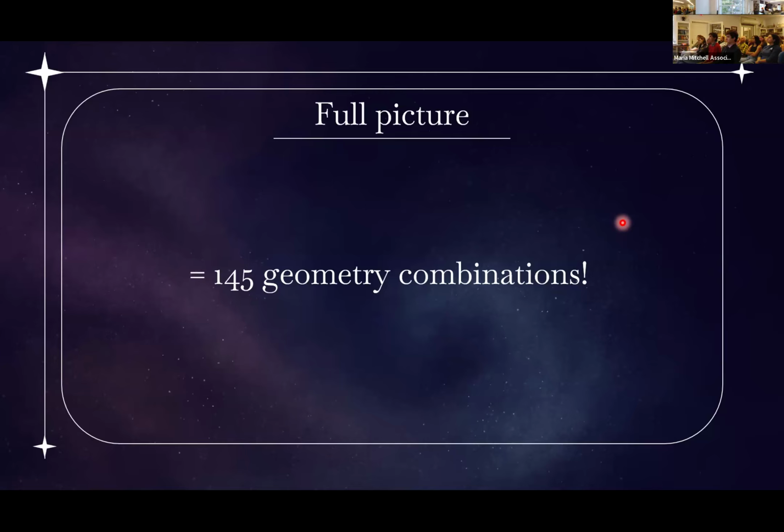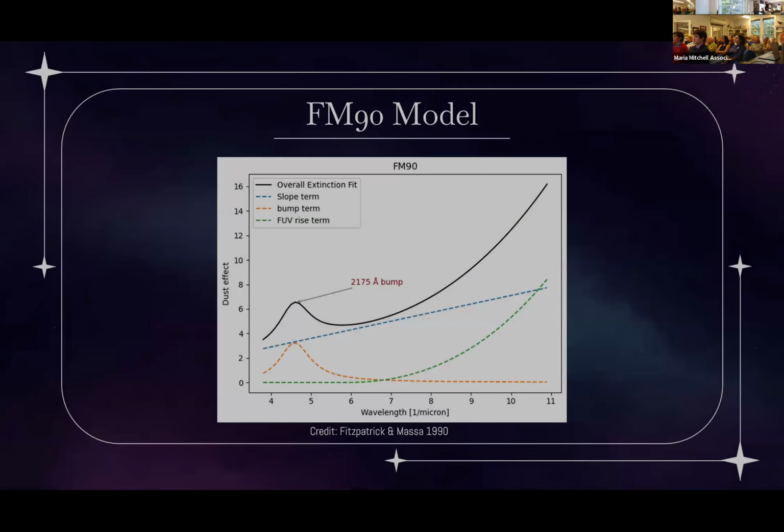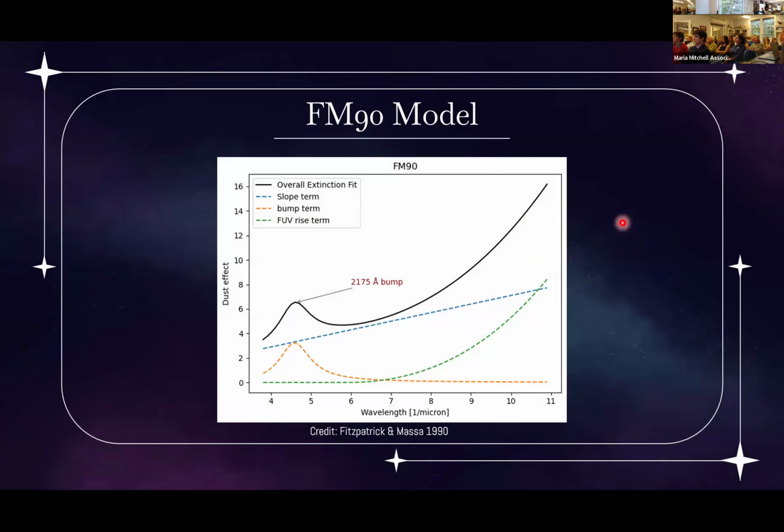To probe the role of geometry in attenuation, we need to find a way to separate the dust physics, the absorption and scattering, from the geometry. That's where the FM90 model comes in. The FM90 model is a dust extinction model. On the x-axis, we have wavelength, and on the y-axis, how that dust affects the light. This black curve is the full extinction fit, but FM90 actually builds this curve from three pieces.